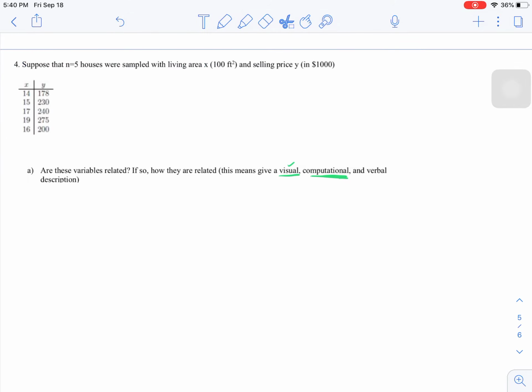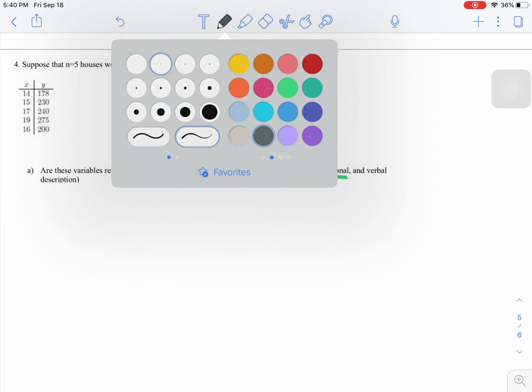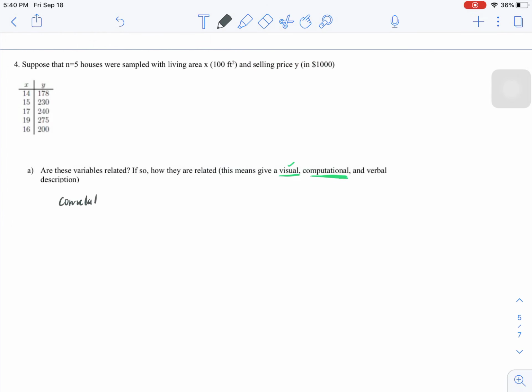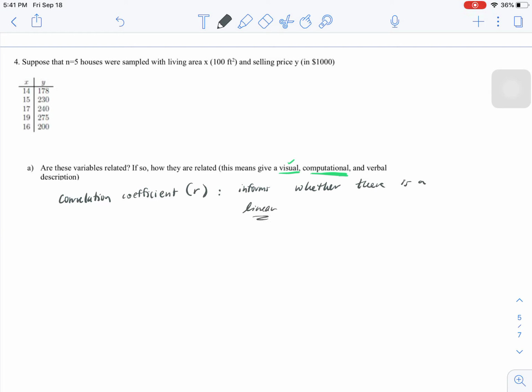Okay, so for the correlation coefficient, first of all, we typically use the letter R to refer to the correlation coefficient, and it tells us whether there is a linear association between our two variables.